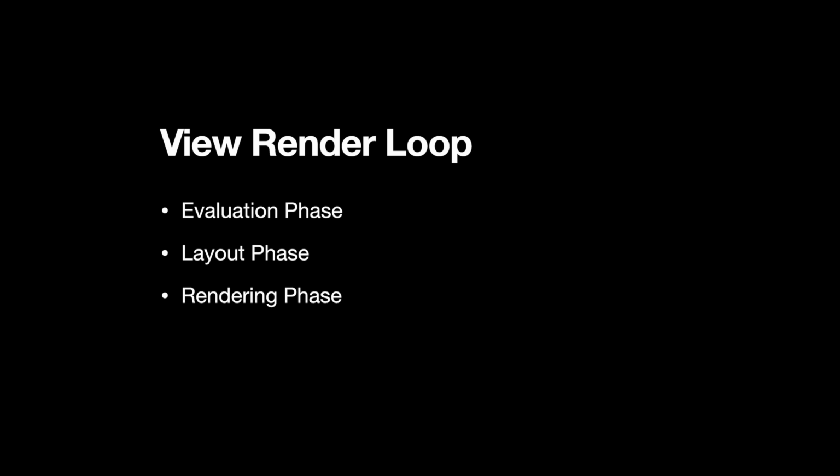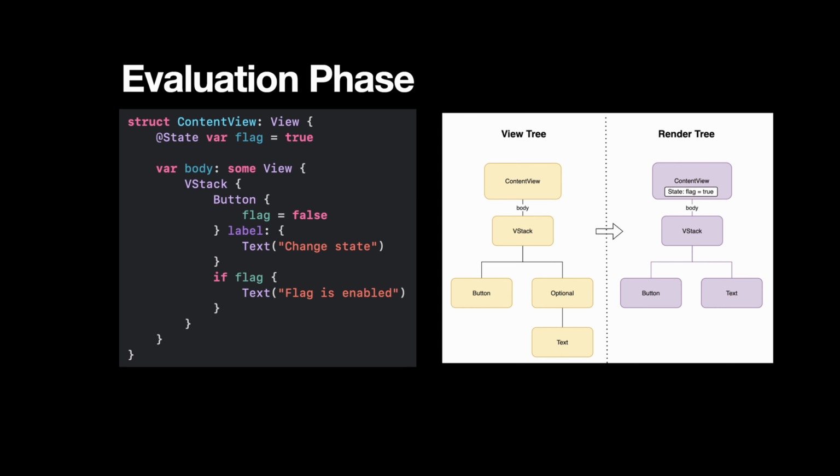To provide some structure for the SwiftUI view render loop, we can separate the render loop process into three phases: evaluation phase, layout phase, and rendering phase. The evaluation phase's goal is to construct or update the render tree from the new view tree when state is changed. So let's imagine for this example that state was changed.